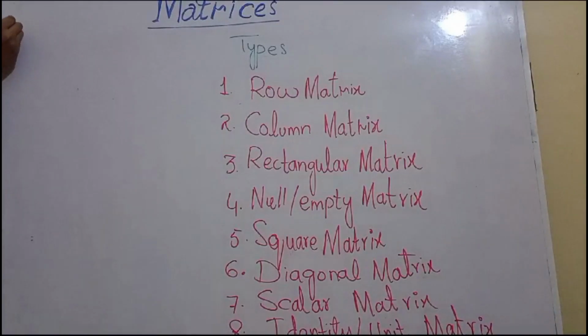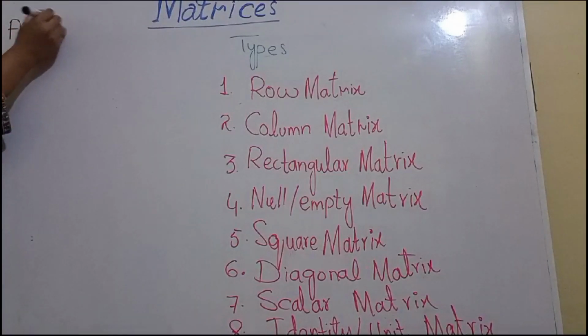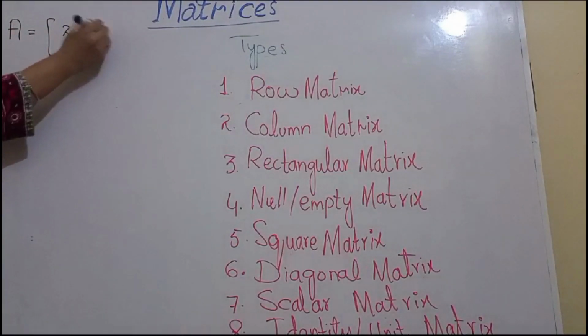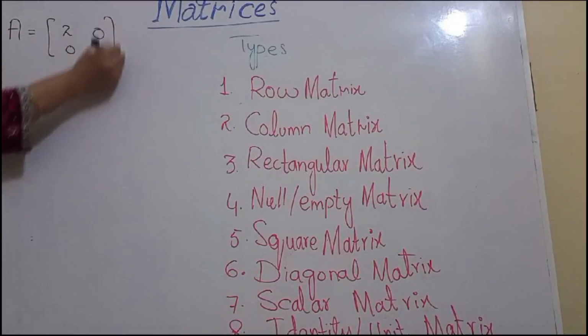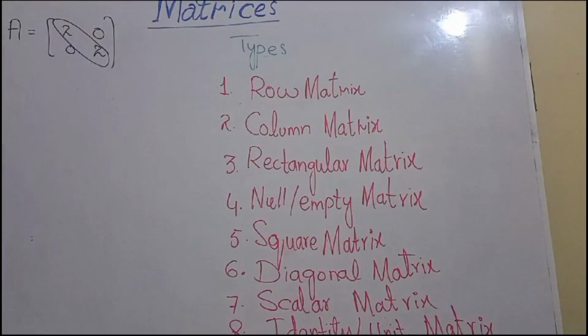Let's take an example, like we say A equals to, I write 2, 0, 0, 2. So in this case, the diagonal contains the same number as its element. Let's take another example.